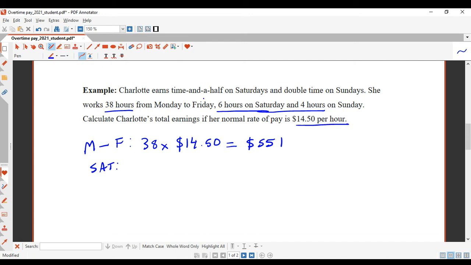We know that Saturday is paid at time and a half, so these 6 hours are paid at time and a half. That means 6 hours, and time and a half is 1.5 times the normal hourly rate of $14.50. Let's work that out. 6 times 1.5 times 14.5 equals $130.50.